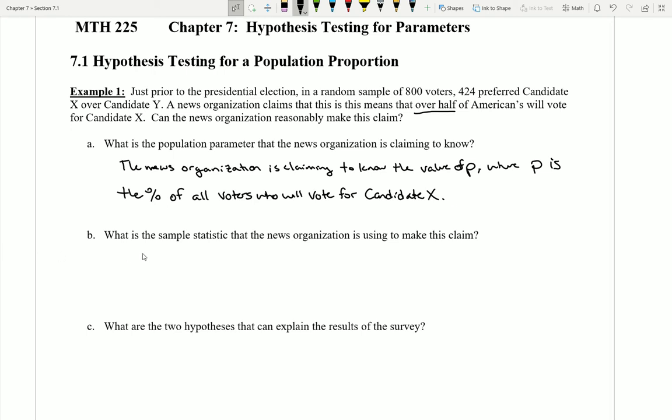So we could say here in part B, what is the sample statistic that this news organization is using to help make their claim?